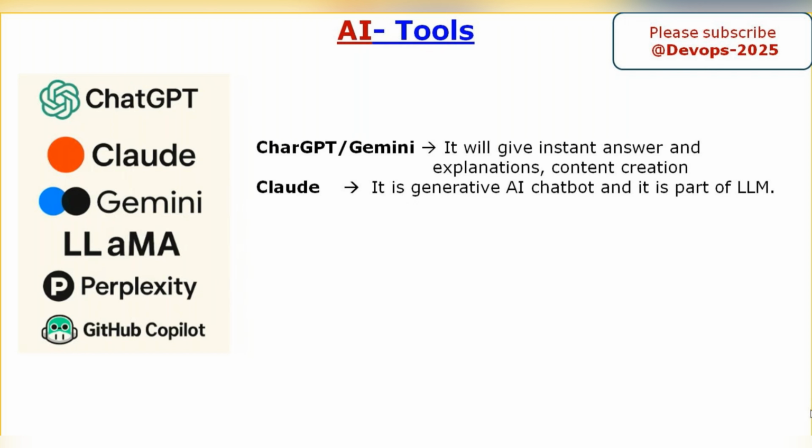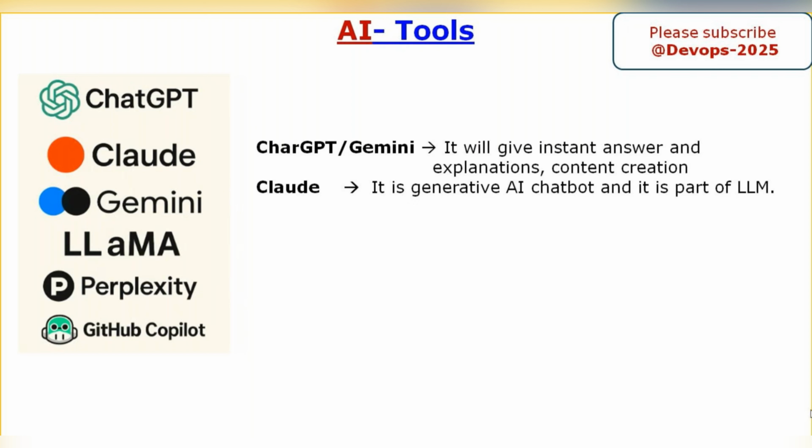And even if you give an image for your requirement, it will give an answer for that image, but you need to know how to give the prompting, how to give the question with an example.